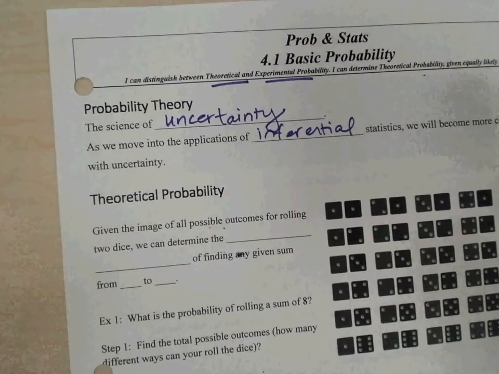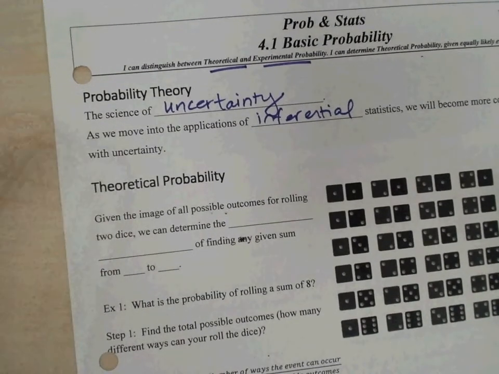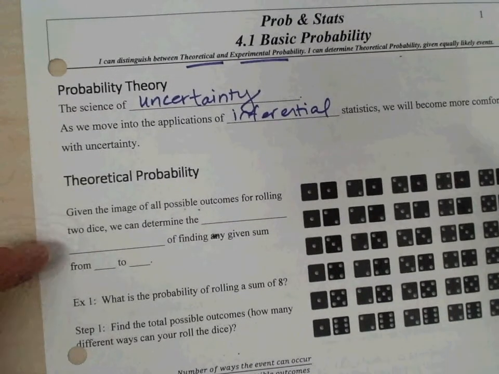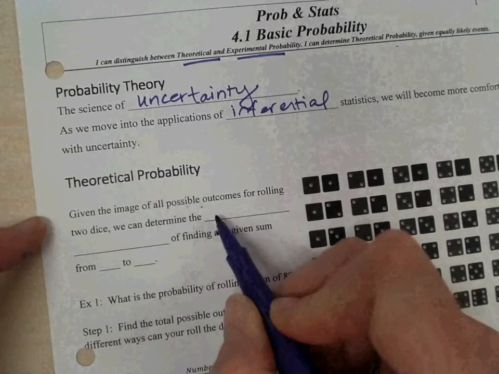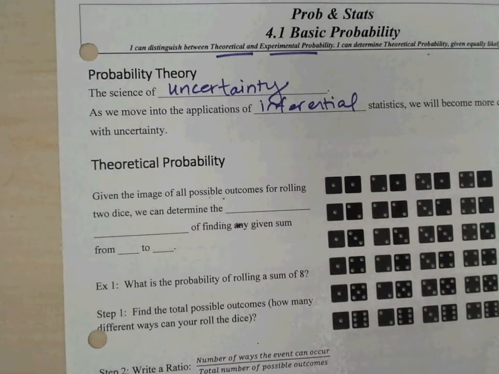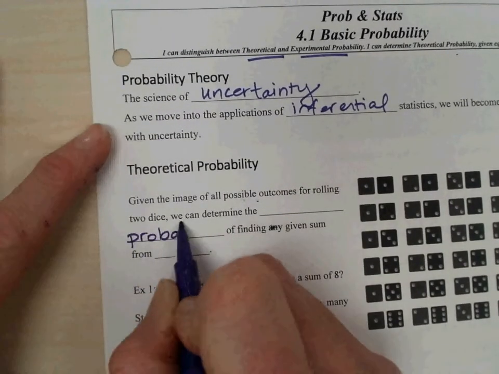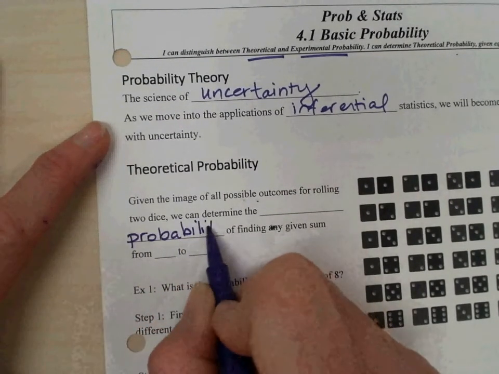Theoretical probability, we've got an example here. Given the image of all possible outcomes for rolling two dice, we can determine, you can shout out your guesses of what might go in these blanks. Yeah, good job.